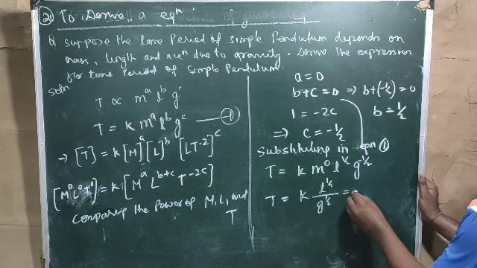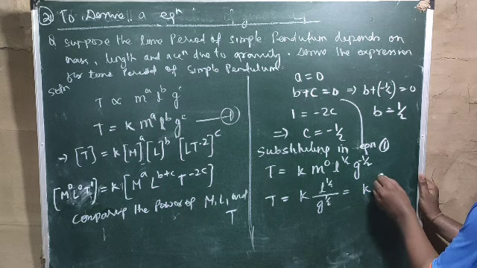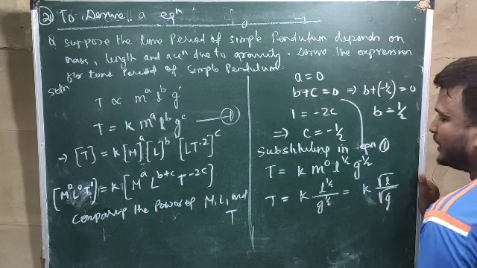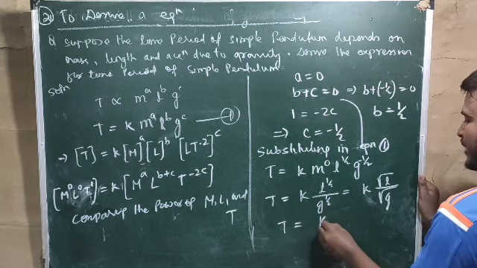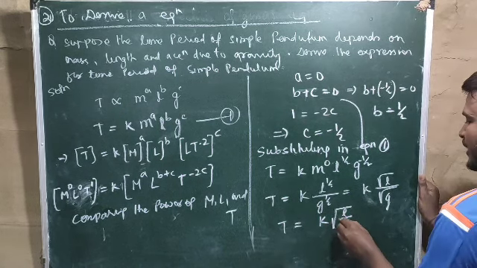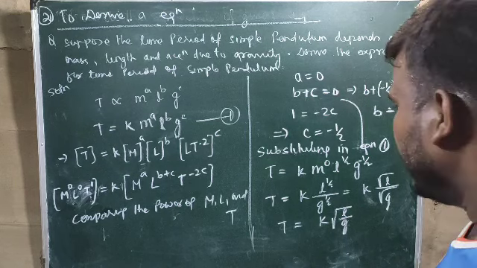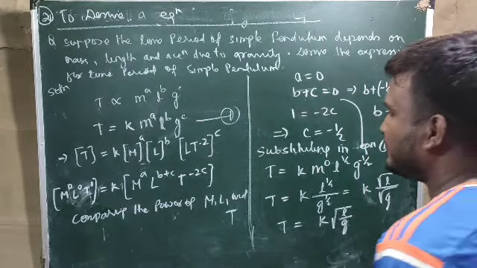If you simplify more, K root over L divided by root over G. So T equals K root over L by G.